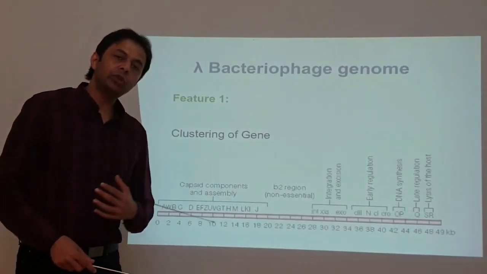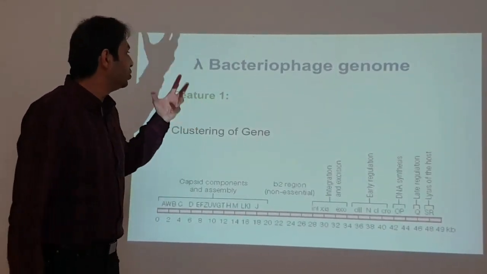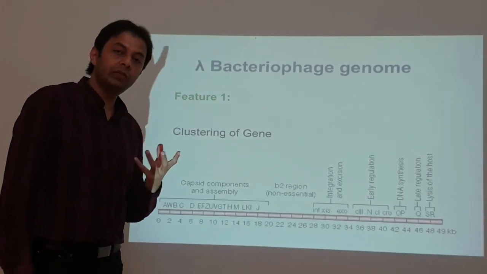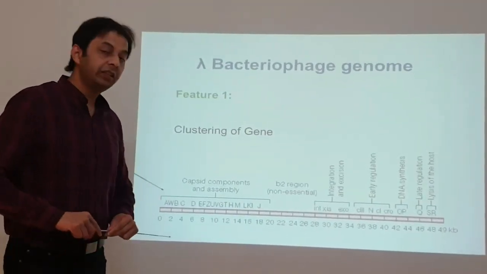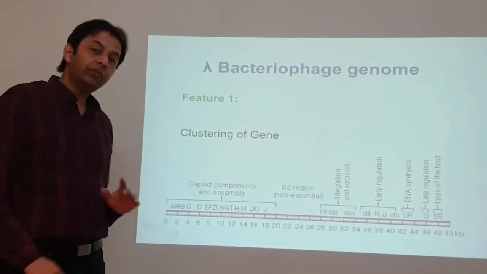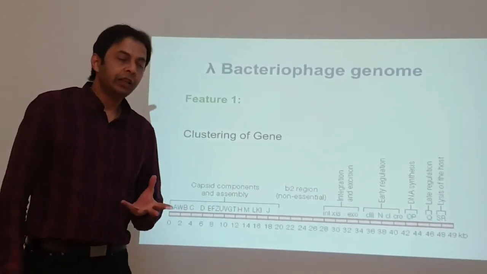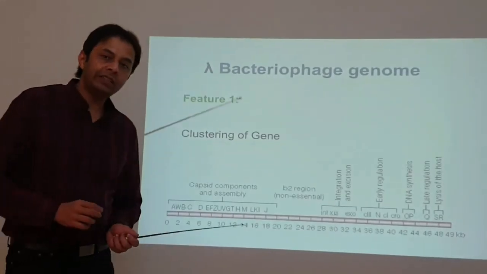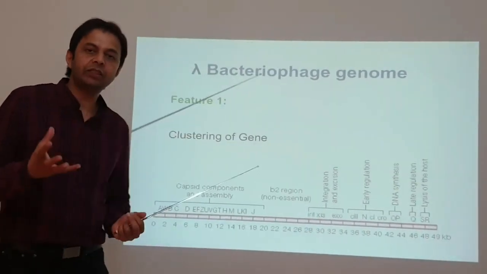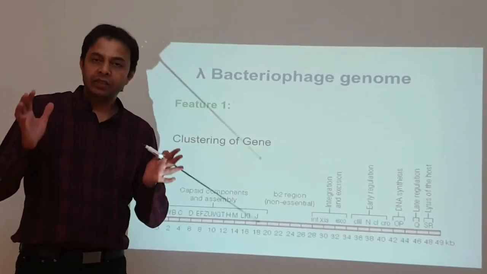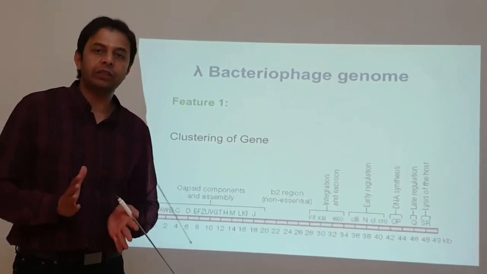Why is it important to study the genome of these two bacteriophages? We want to know what different patterns exist. One important pattern is gene clustering in Lambda bacteriophage. Gene clustering means that some specific types of genes are together.